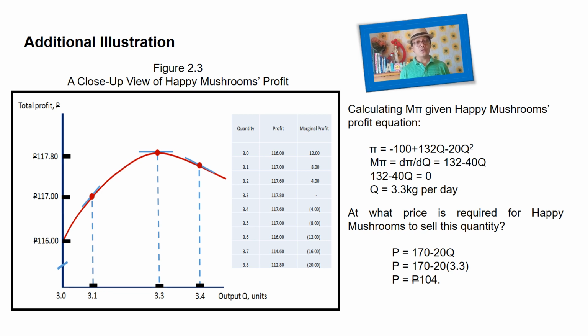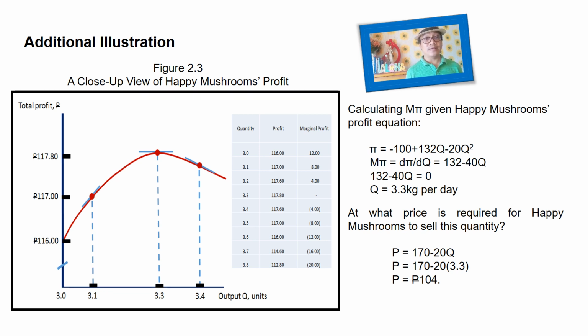Thus, we draw some simple conclusions. First, at 3.1 kilograms, the tangent is upward sloping. Marginal profit is positive, that is, raising output by a small amount increases total profit. Second conclusion from figure 2.3. At 3.4 kilograms, the tangent is downward sloping.